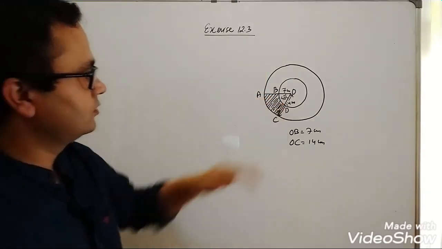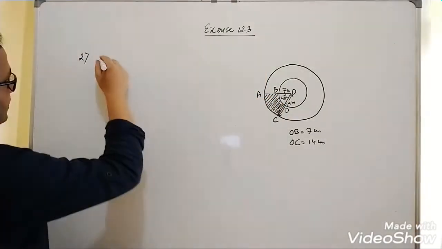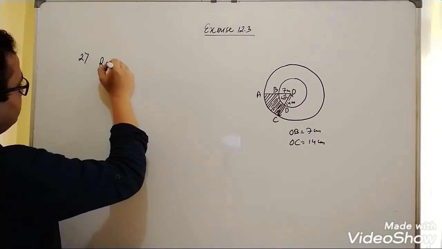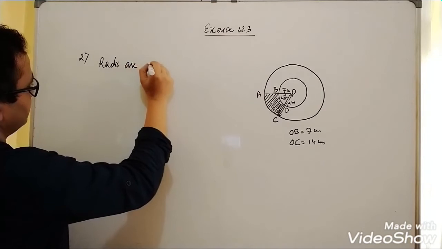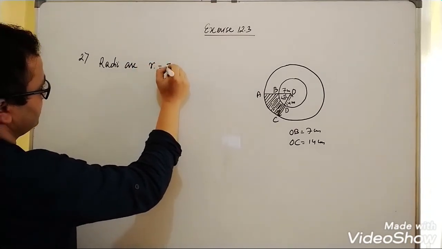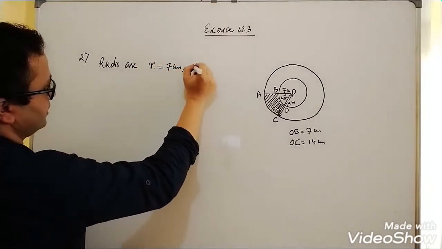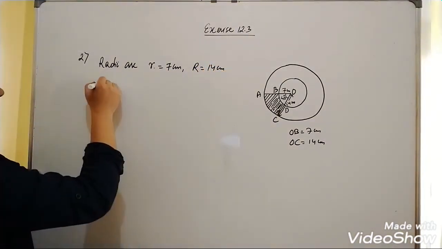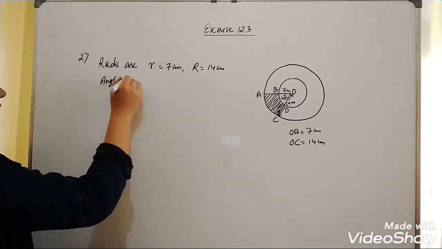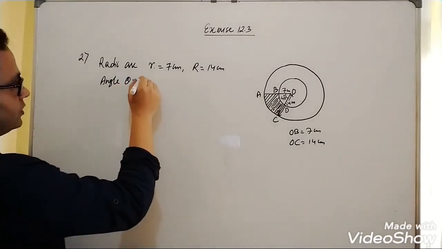So first we will write the given information. Radii r equals 7 cm and capital R equals 14 centimeter. Angle theta equals 40 degree.